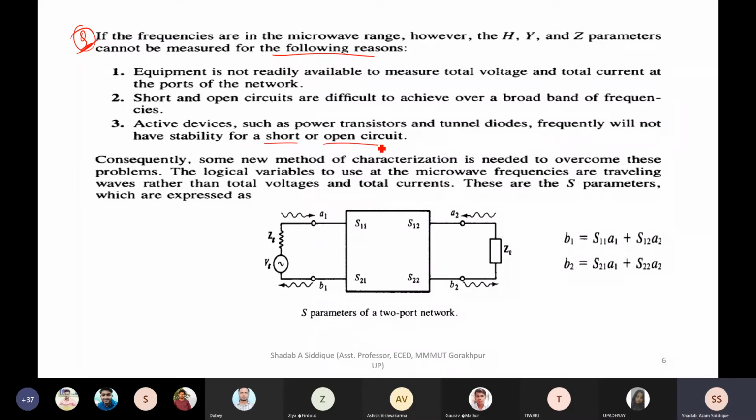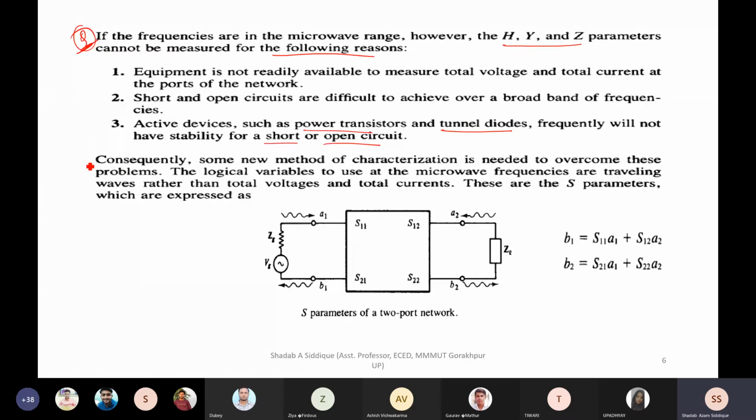These are the micro devices which cannot be stable at a short circuit or open circuit. If you do so, you will not get stability in these devices. So these are the reasons why we are not using H, Y, Z parameters at microwave frequencies.